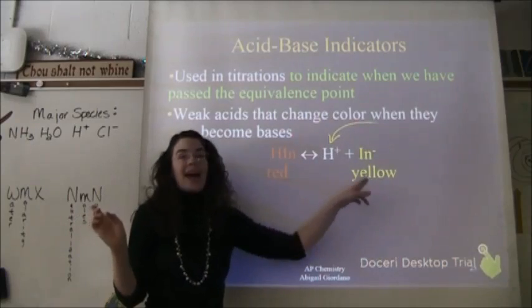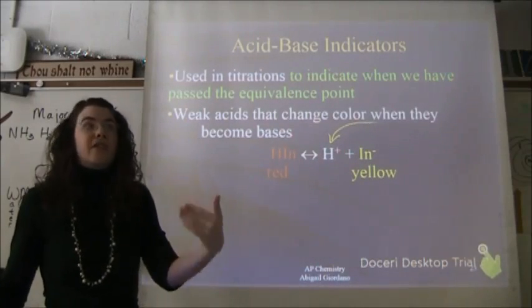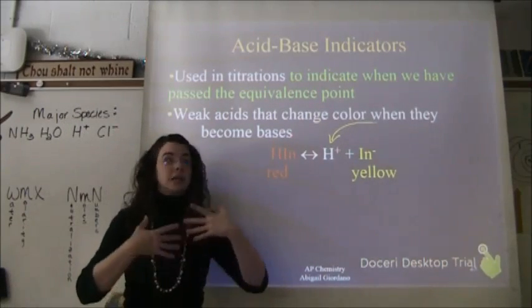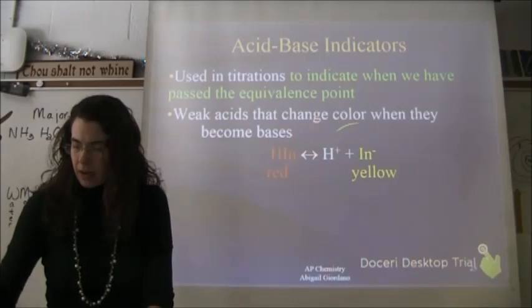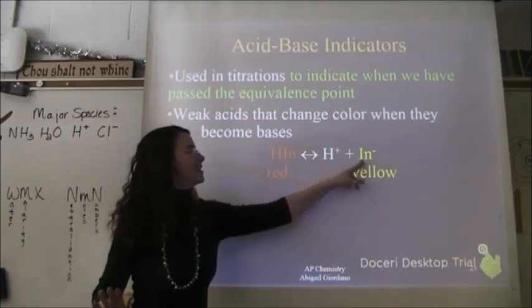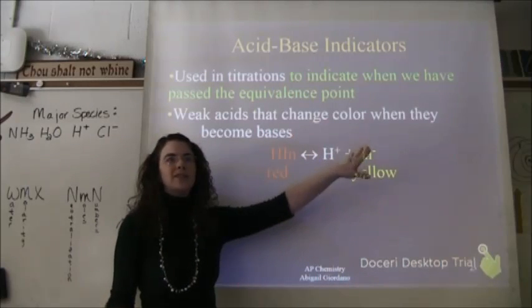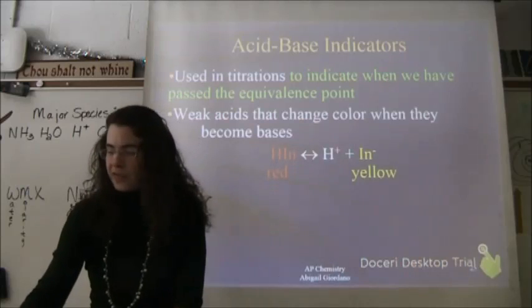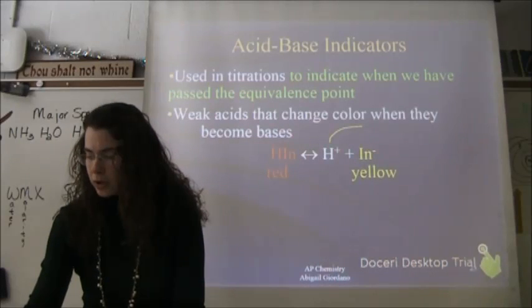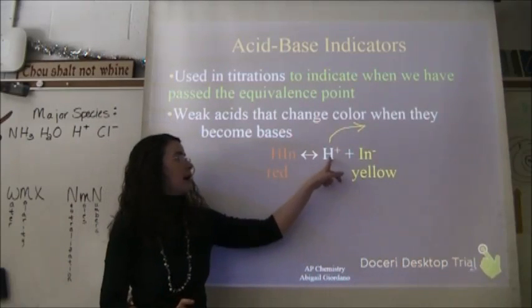If I were to add this indicator to something very, very basic, like lithium hydroxide solution, hydroxide isn't in this equation, but if you have something very, very basic, you can think of that as decreasing the amount of H+.